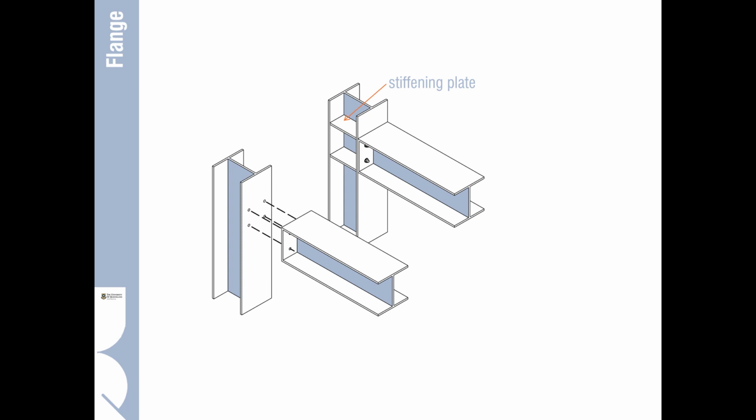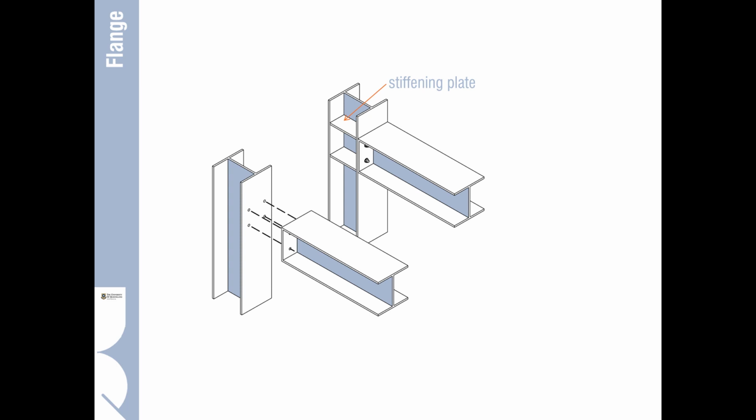Now it is reasonably easy to just have a series of punched holes in a universal column, the vertical elements that we can bolt through. Again, making sure that both pairs of holes in the column and also the end plate of the beam are oversized to accommodate some degree of tolerance.